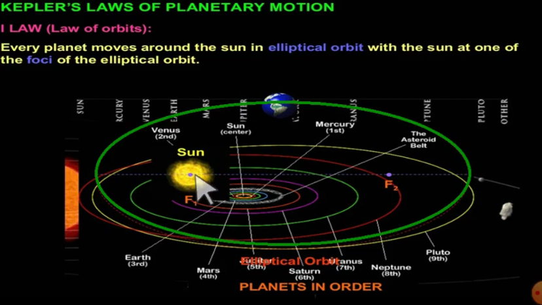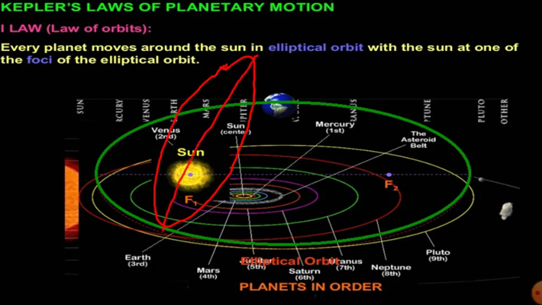Suppose there is another ellipse somewhere here, let me draw it in a different plane. If this is its major axis, then one focus will be somewhere here and another focus somewhere here, and one of the foci will surely be the position of the sun.